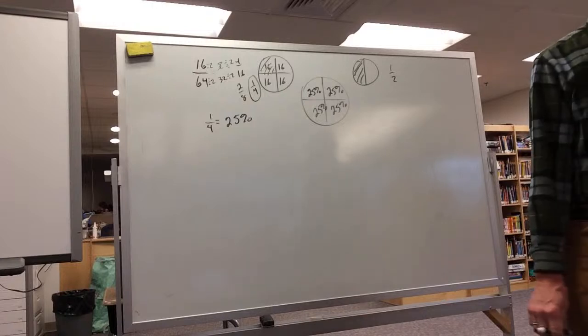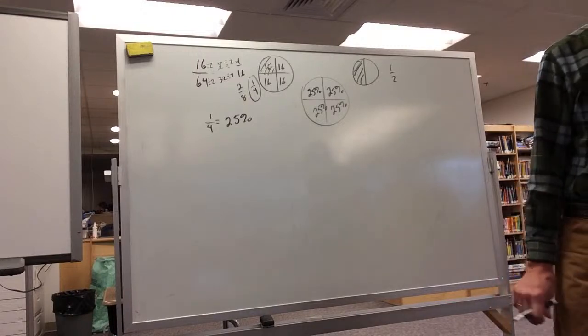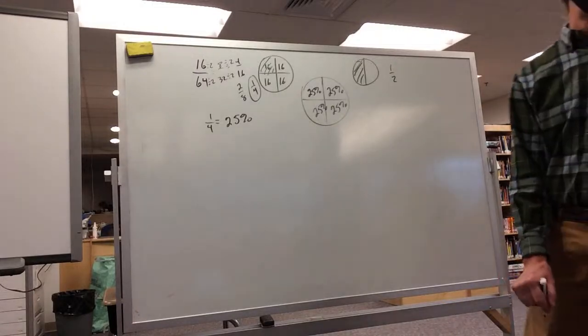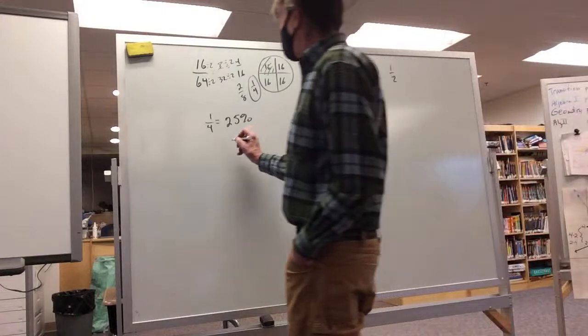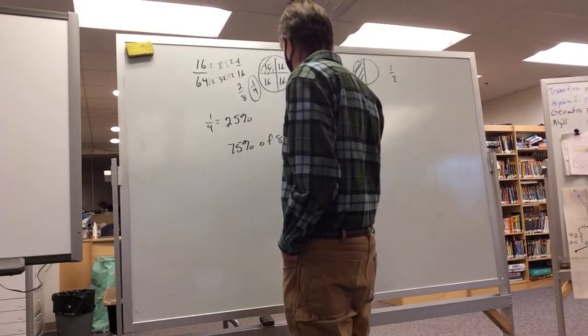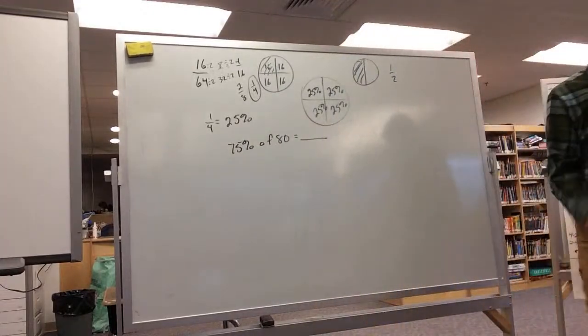What does 22B ask? Okay, 75% of 80, and we gotta find out what the number is. So yeah, last year we taught you how to do this.